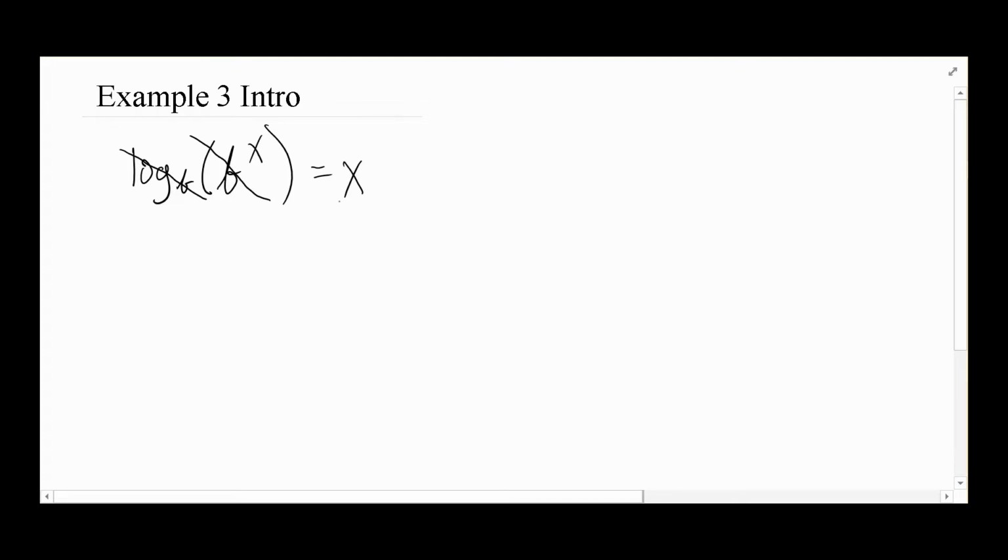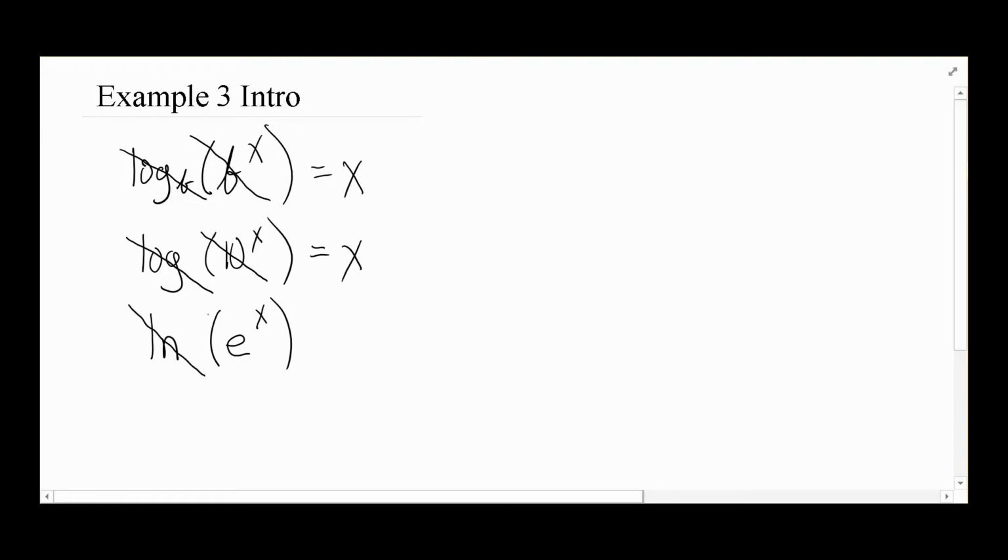So in terms of these two logarithms that we're dealing with now, we can say, well, if I have common log, which is base 10, of 10 to the x, then the common log and the 10 to a power undo one another and leave us with just x. Similarly, if you had natural log ln of e to the x, then the log base e and the e to a power undo one another and leave us with just x.